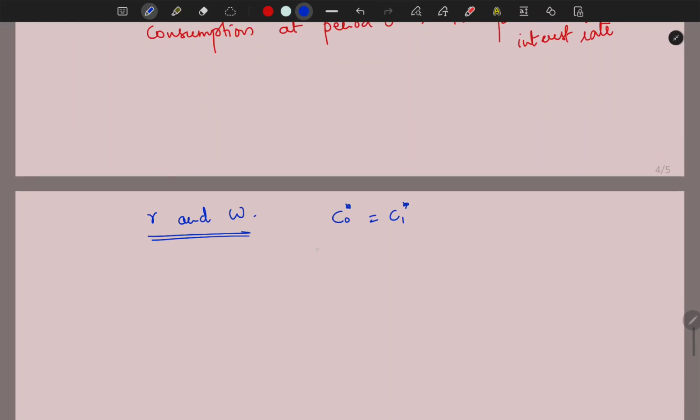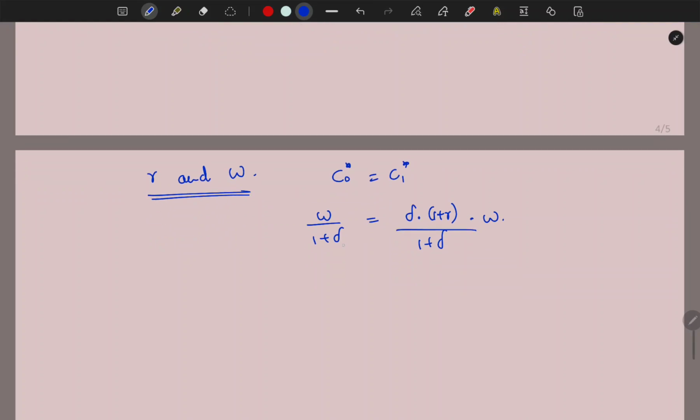C0 is W divided by 1 plus delta, which equals delta times 1 plus R divided by 1 plus delta, times W. These things get cancelled, and the remaining is 1 equals delta times 1 plus R. So 1 equals delta plus delta R.